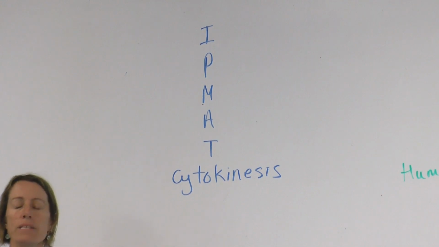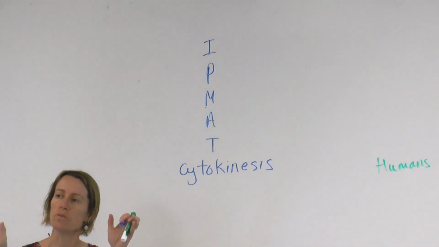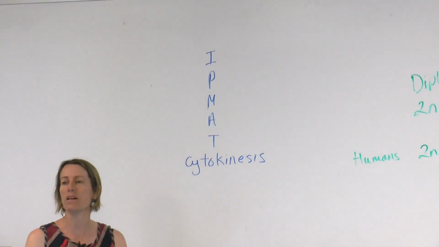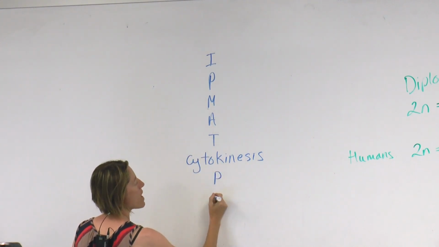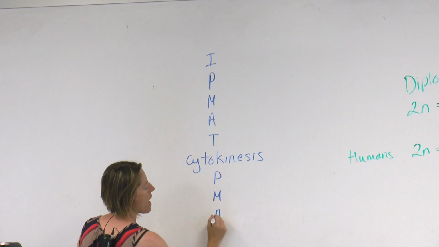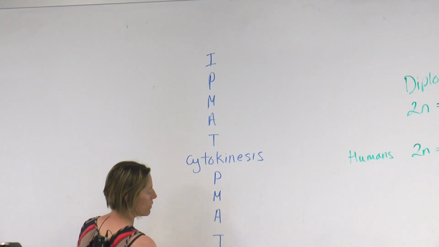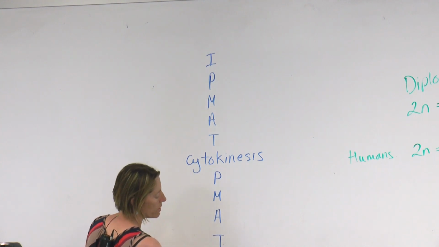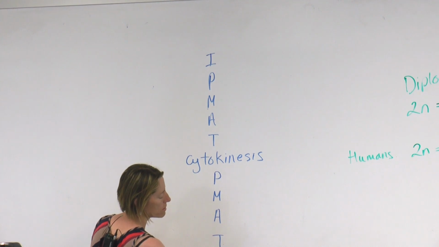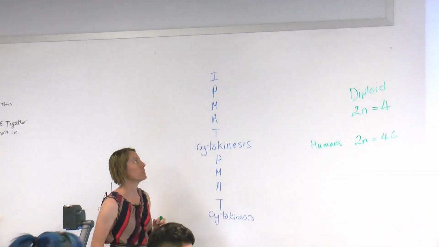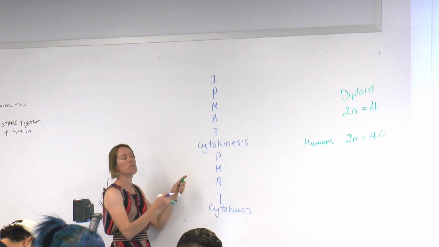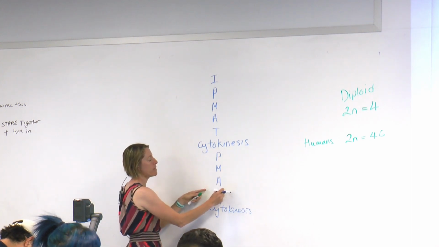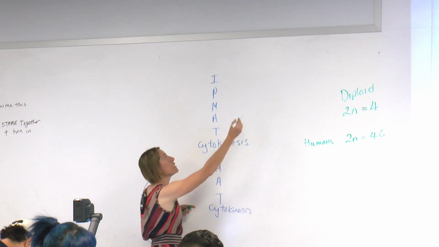But because in meiosis we're doing two divisions, we have to do this whole thing again. So we go through another prophase, metaphase, anaphase, and telophase, followed by a second cytokinesis.